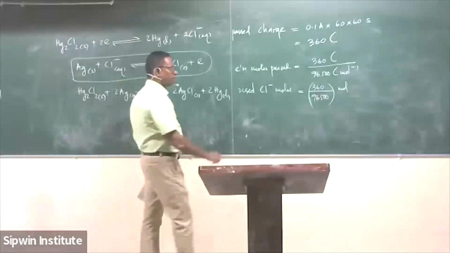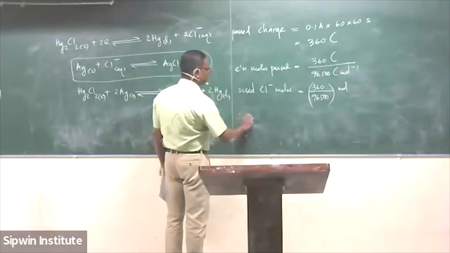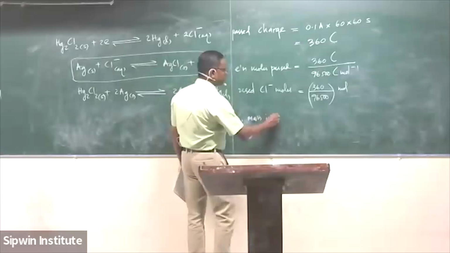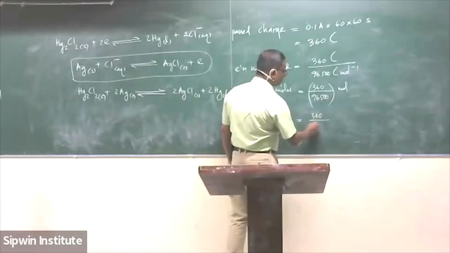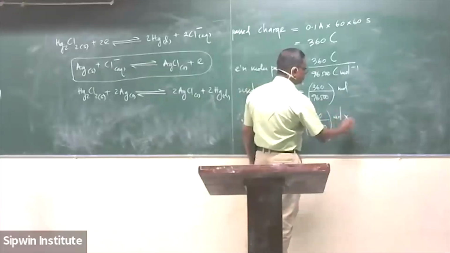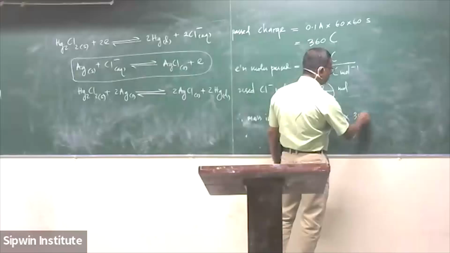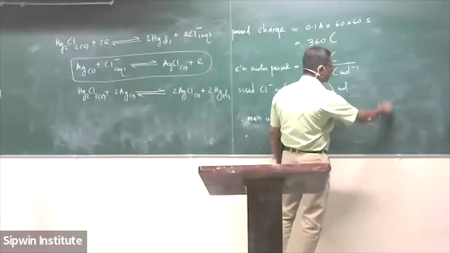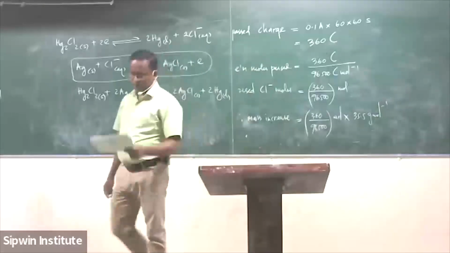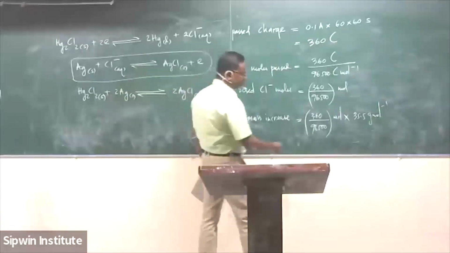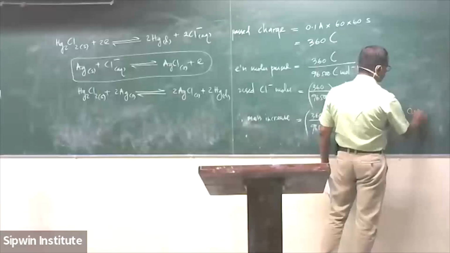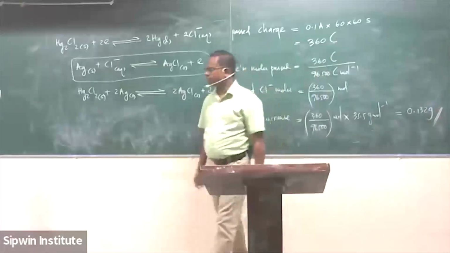So the mass increase is this multiplied by 35.5 grams per mole. You get the answer 0.132 grams.